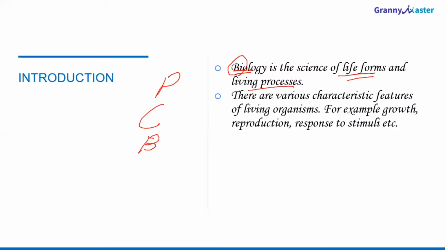Now, this science of living organisms and the processes involved in the maintenance of their life is what comprises biology. In your lower classes, you would have learned about living things and non-living things.